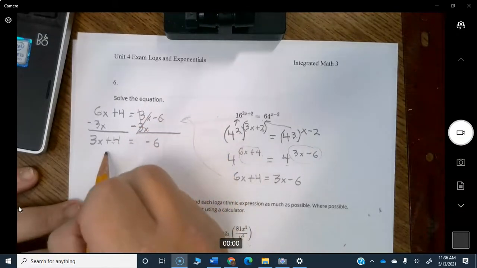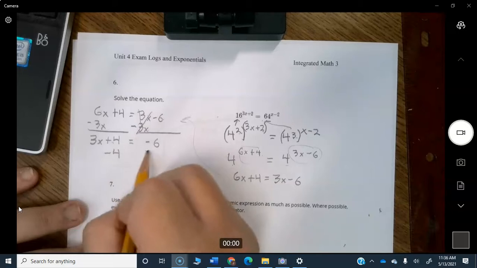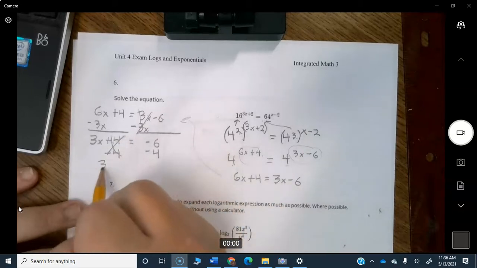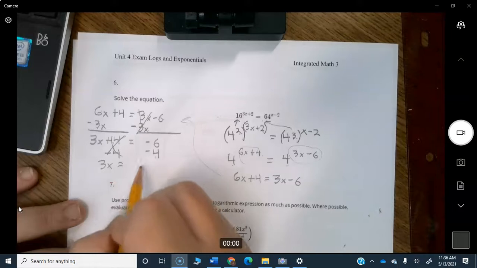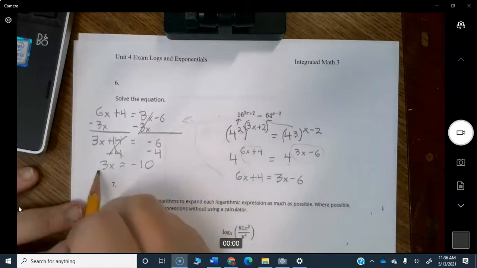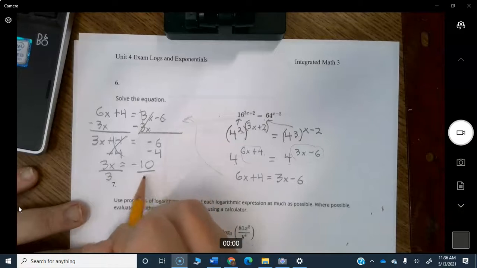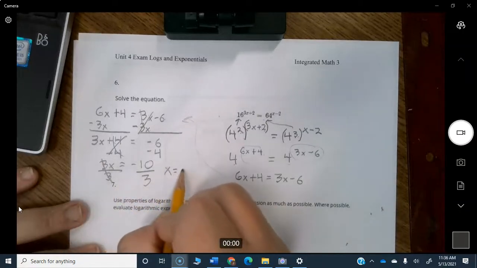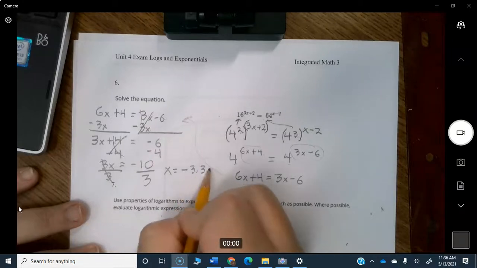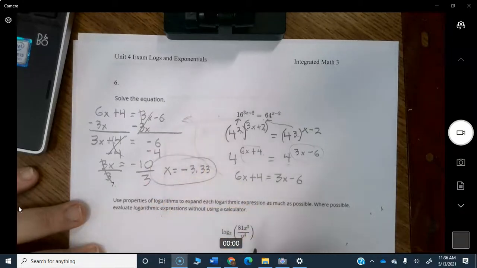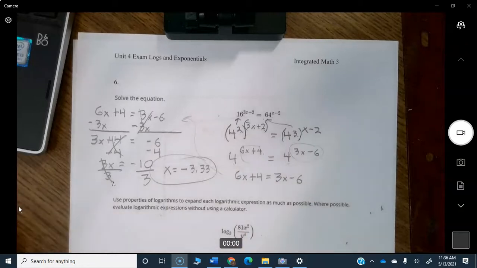Okay, now we're going to subtract 4 from both sides. These go away, so you end up with 3x on this side, and negative 6 minus 4 is negative 10. All right, divide both sides by 3. These cancel, and you end up with x equals negative 3. If you do it on your calculator, 10 divided by 3 is 3.33, negative. And that's your final answer right there.